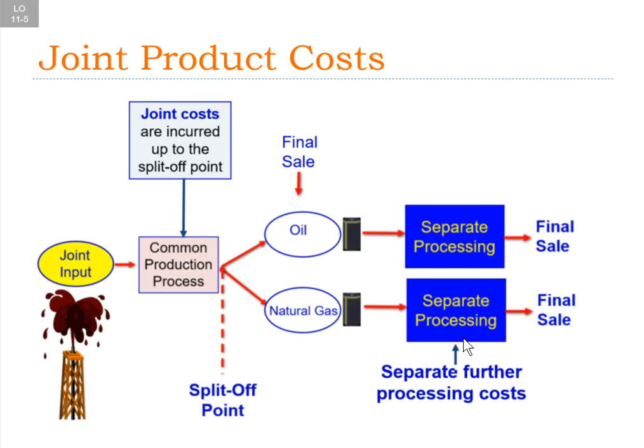The separate processing costs are traceable and can be allocated to the individual final products that we sell: the gasoline, the jet fuel, the home heating oil, chemicals. But of course, we're still left with the challenge of allocating the common production cost, or those joint product costs.